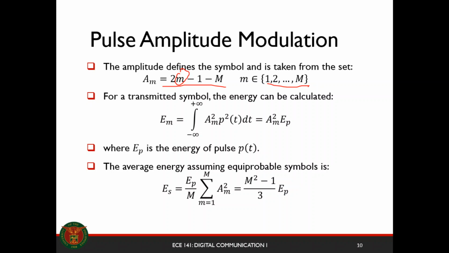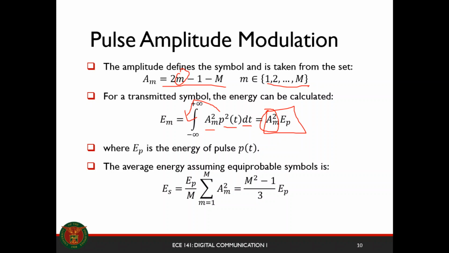We want to know the energy of your pulse amplitude modulation. Well, you just need to get the average energy of your amplitude, A sub m. A sub m here is random. For p squared of t, since A sub m is constant with time, you can factor that out and you'll get this equation right here. That's just the amplitude of the symbol multiplied by the energy of the pulse.